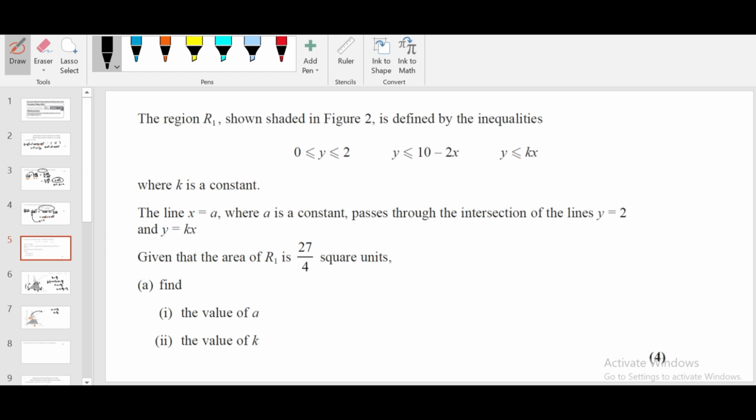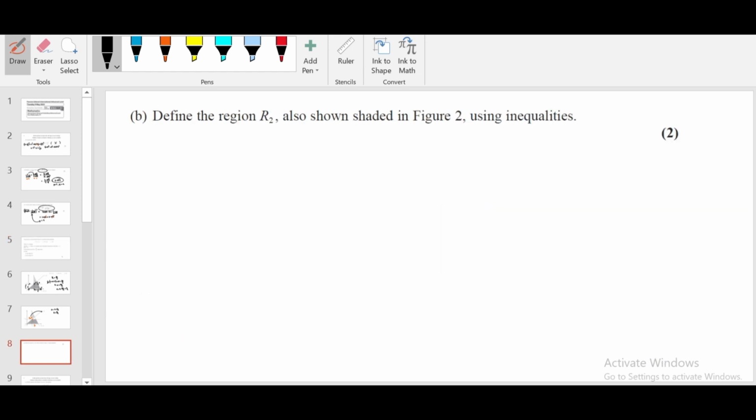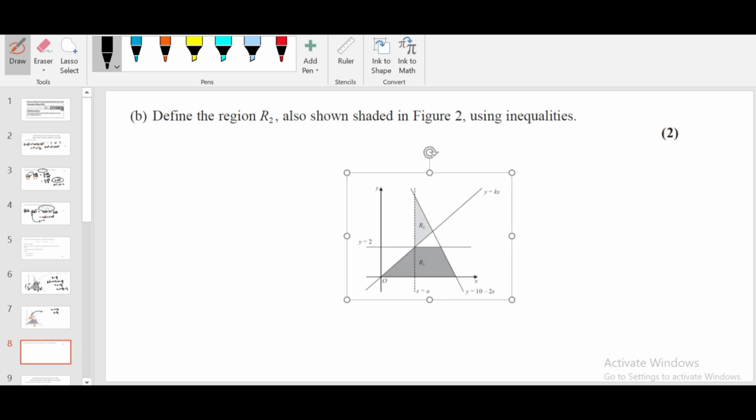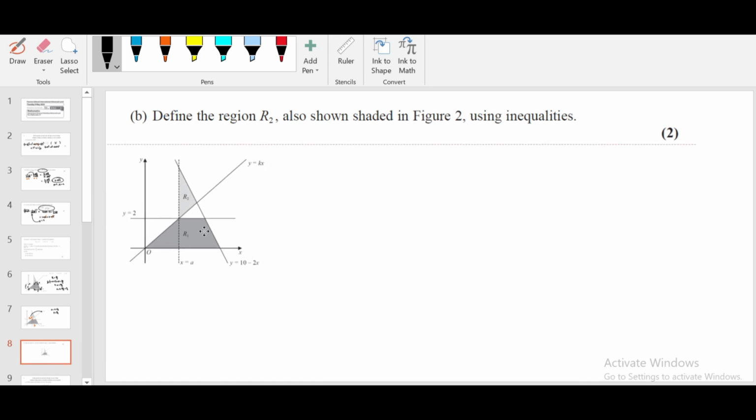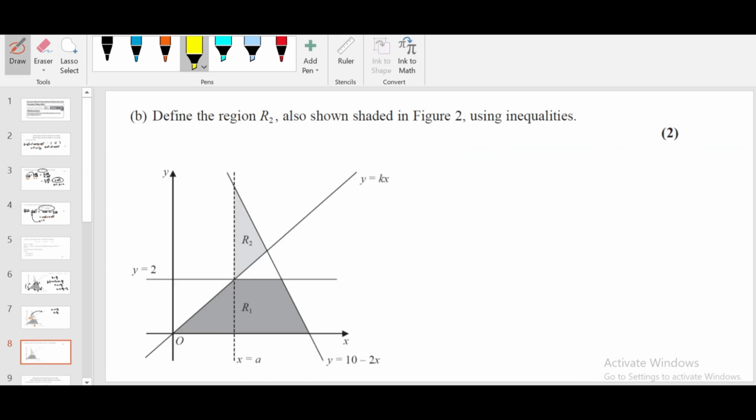And then part B of the question says, define region R2 shown in figure 2. Probably I'll put the figure here again. We need to find the inequalities that define this region R2. When it comes to writing the inequalities corresponding to the given shaded region, always remember this rule.